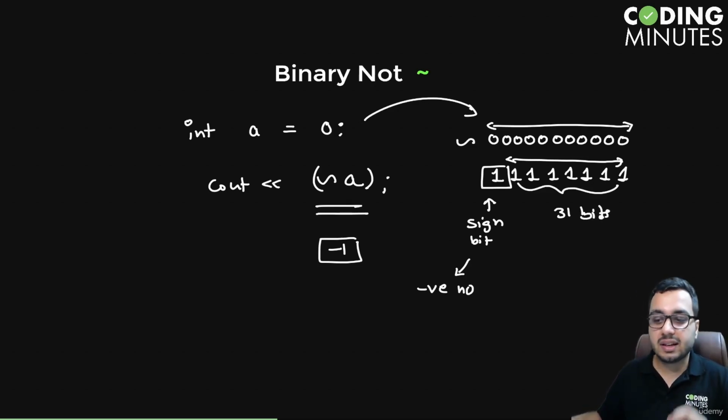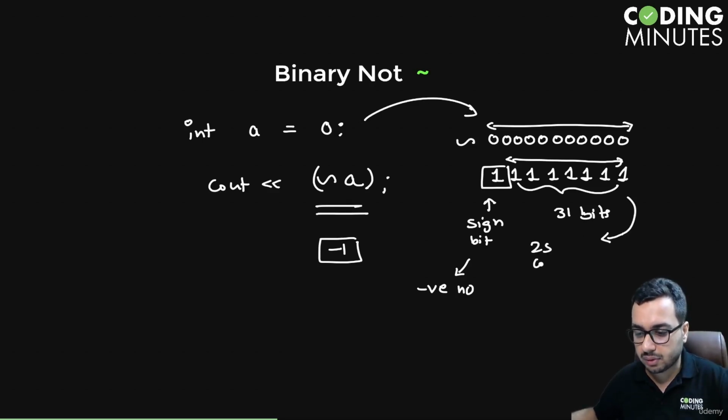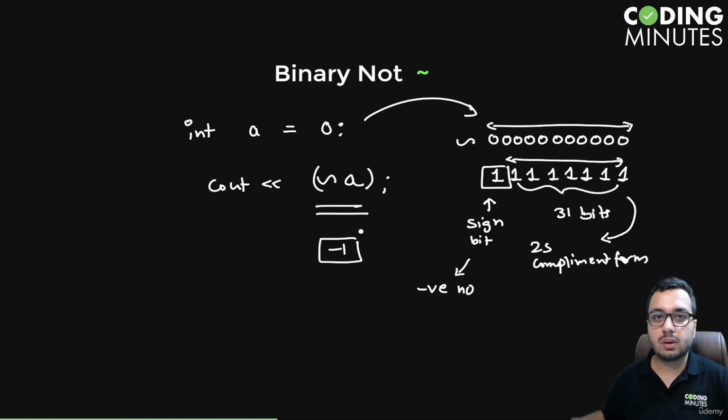Okay, now for the negative numbers, if we want to find out the magnitude of that particular number, so these numbers are stored in a form known as 2's complement form. So in order to find out what number is this, we need to take the 2's complement, that means invert all the bits and add 1 to it.